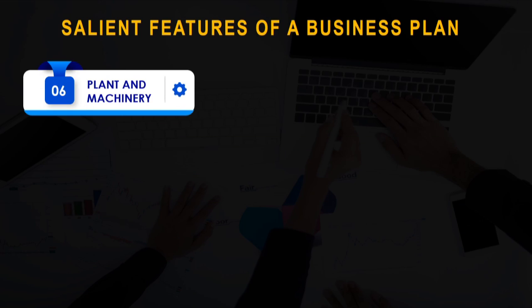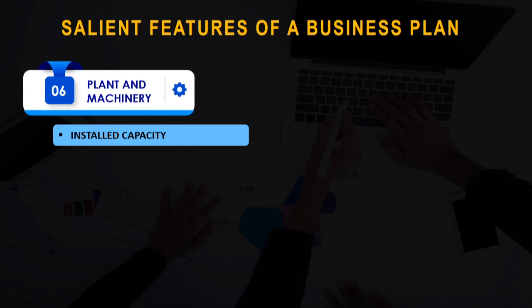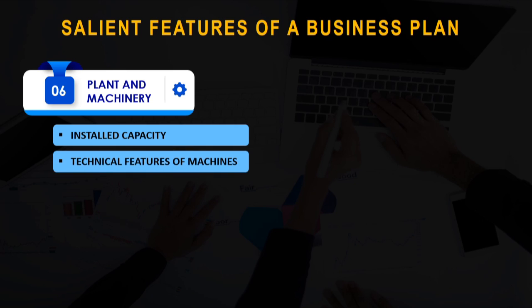Next is the plant and machinery. In this we will first have the installed capacity, and you will have to indicate the technical features of the machines, the basis of selecting that specific machinery, the suitability and the adequacy, because if you want to go in for very highly specialized quality products, your machine should be able to produce those quality products. So, you have to match that.